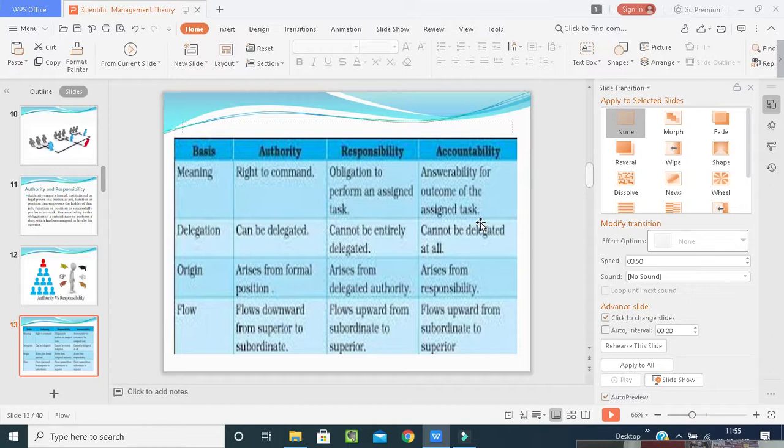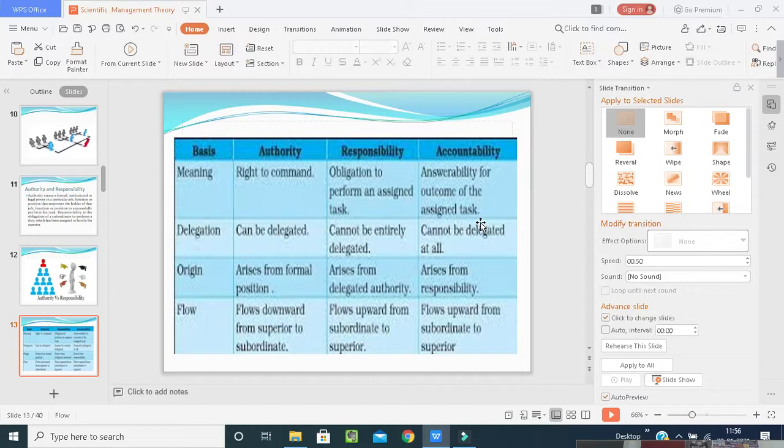Training is important to accomplish that task. So delegation can't take place all of a sudden. Here both have to work, the top management and the low level management, in a proper way. For this, the communication gap should not take place. If this happens, the work will be disturbed.